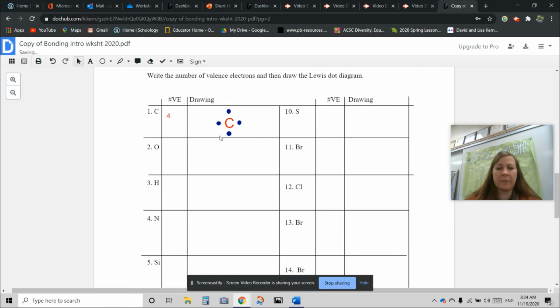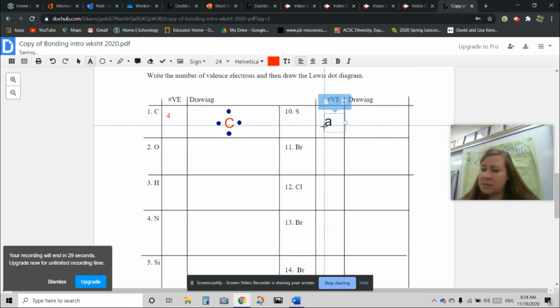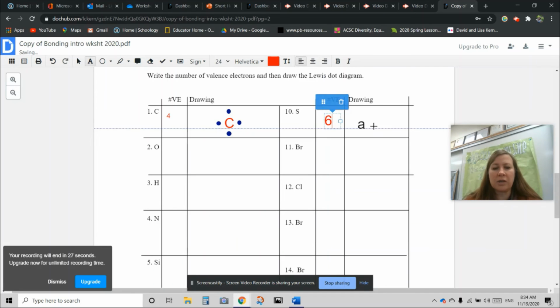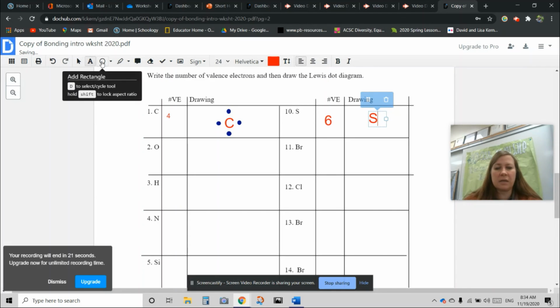I think we'll move on. Let's move over and do sulfur here. Sulfur is going to be 6 valence electrons. I just had to check my periodic table there. I'm going to have an S in the middle, and then 6 dots around the outside.